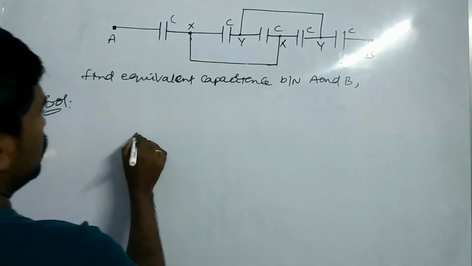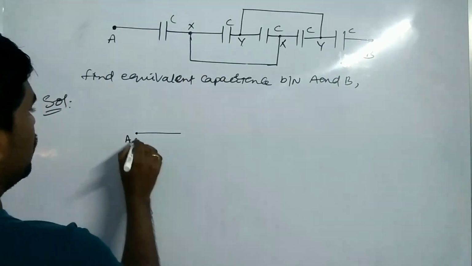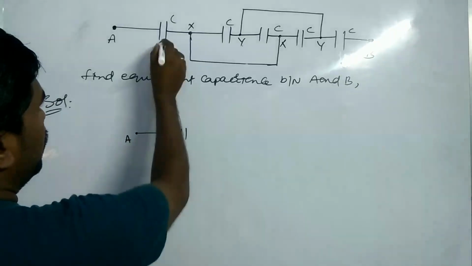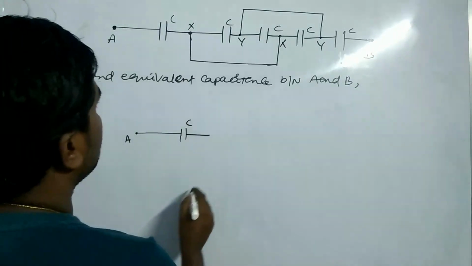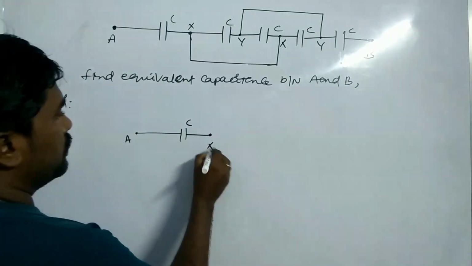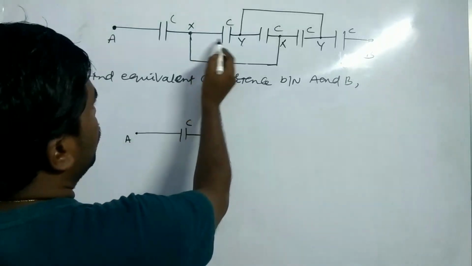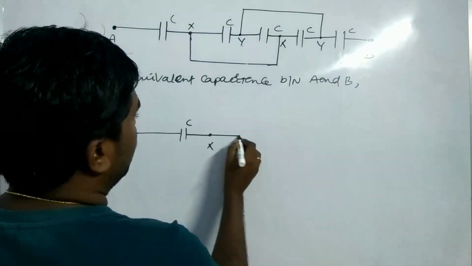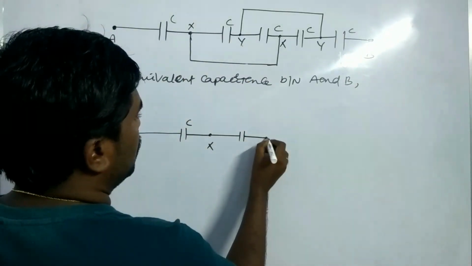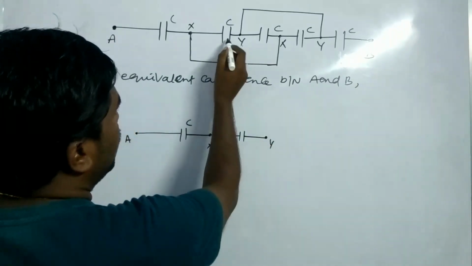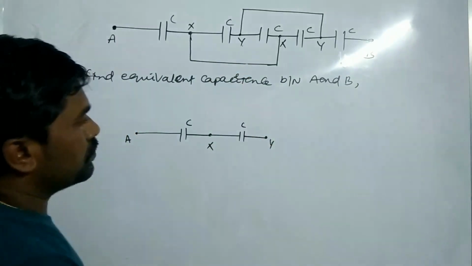Redraw the diagram: this is A and this is a capacitor C, and coming to X, between X and Y there is a capacitor C.